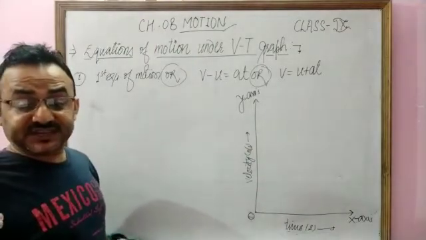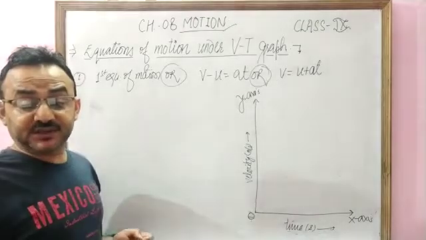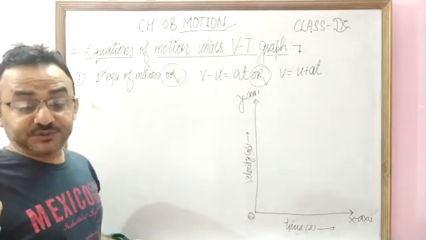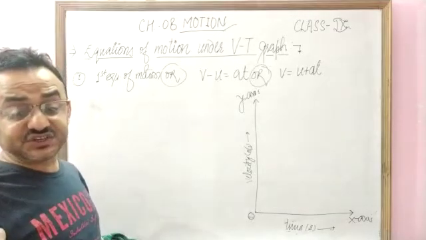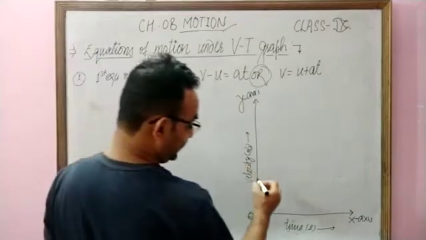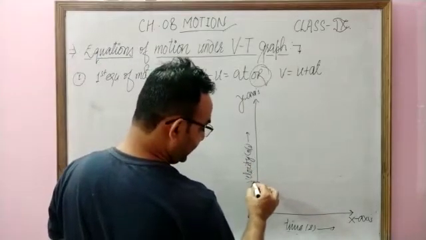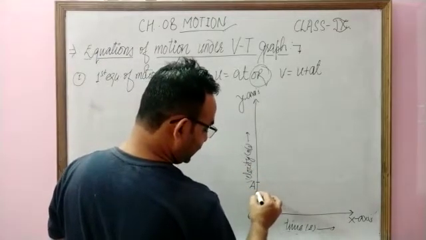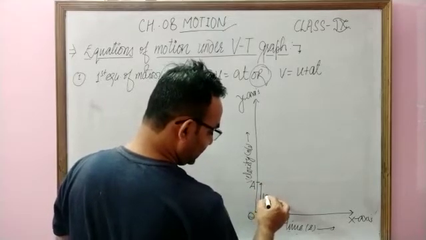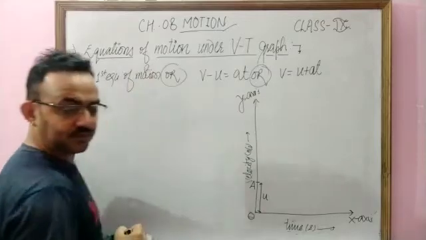Here consider the velocity time graph for a body that moves under uniform acceleration. The body has an initial velocity u at a point A. This is point A. Up to here, the body having initial velocity u.